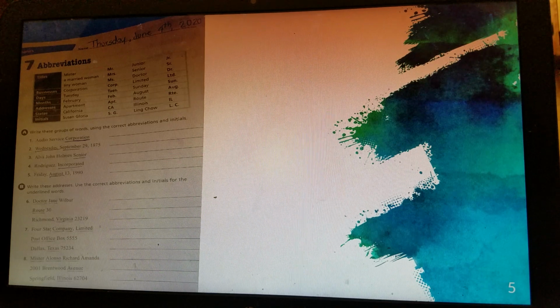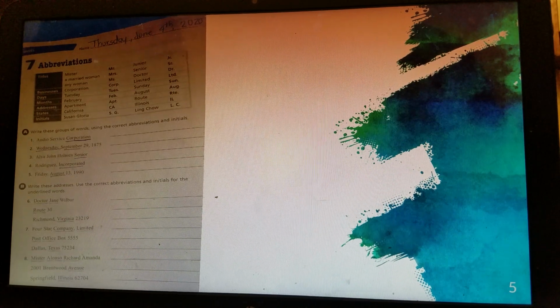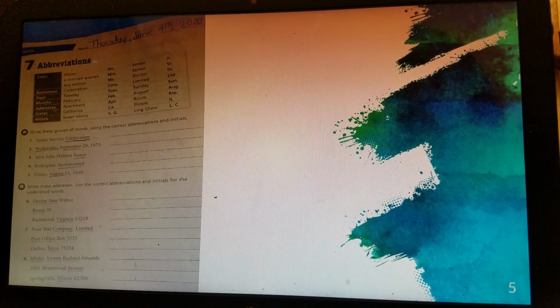Number 1 says Audio Service Corporation. So you will only write on the line Audio Service and then corporation should be abbreviated. Okay, use the list. It's C-O-R-P, corp, period. Capital letters in red, periods in red.